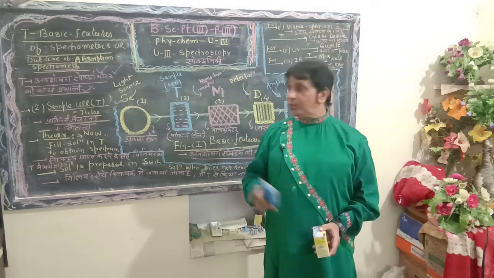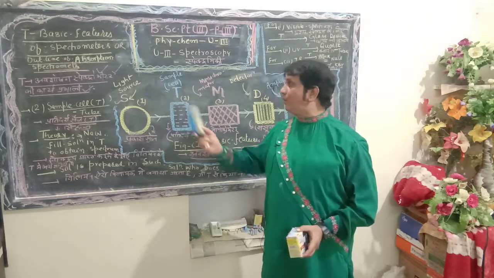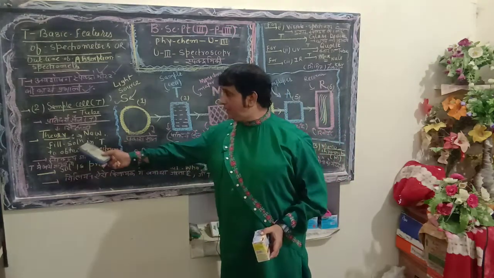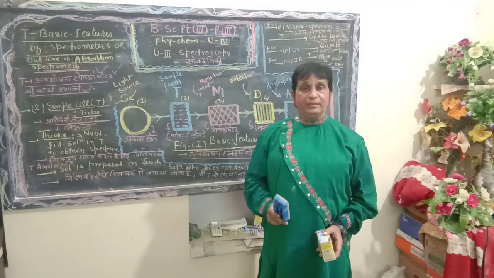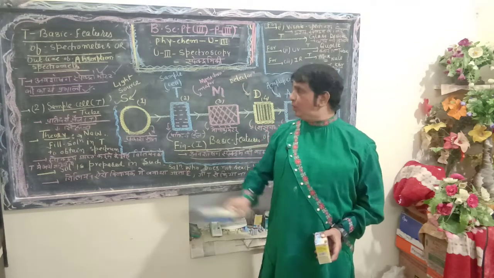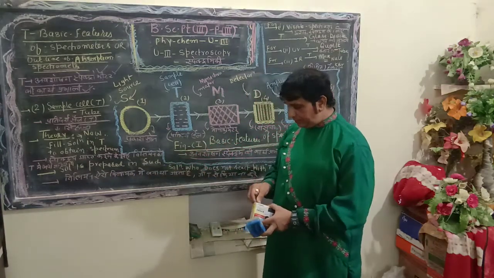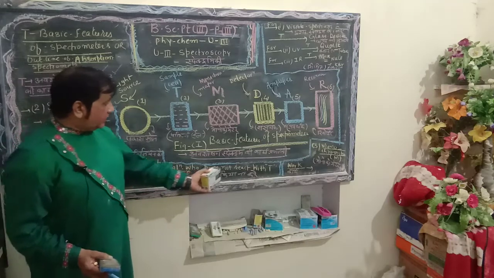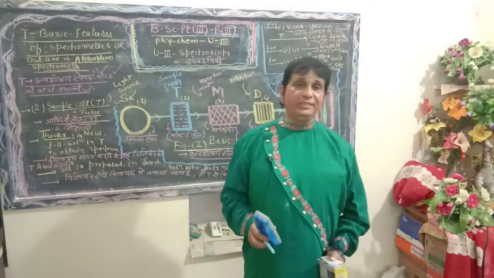The solution which we fill in the sample cell T is prepared in such a solvent which does not react with the sample cell T. Here I have mentioned on the blackboard: fill the solution in the sample cell T to obtain the spectrum. Dear students, these are very important precautions.